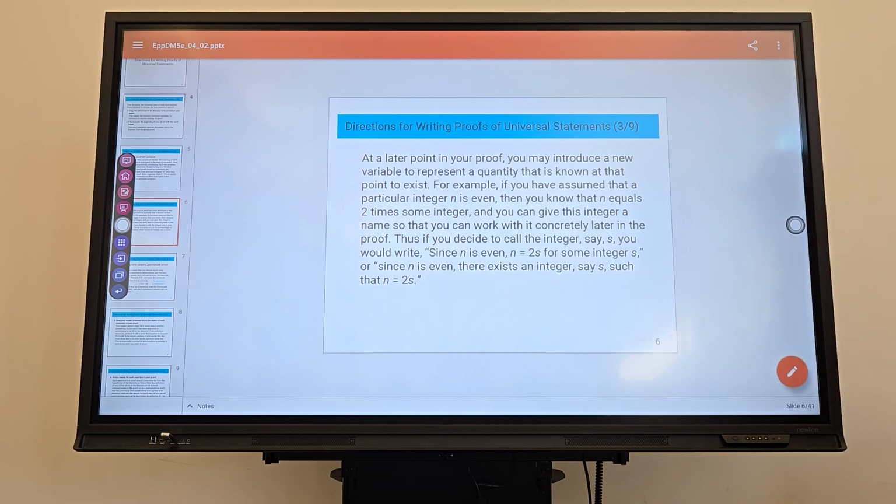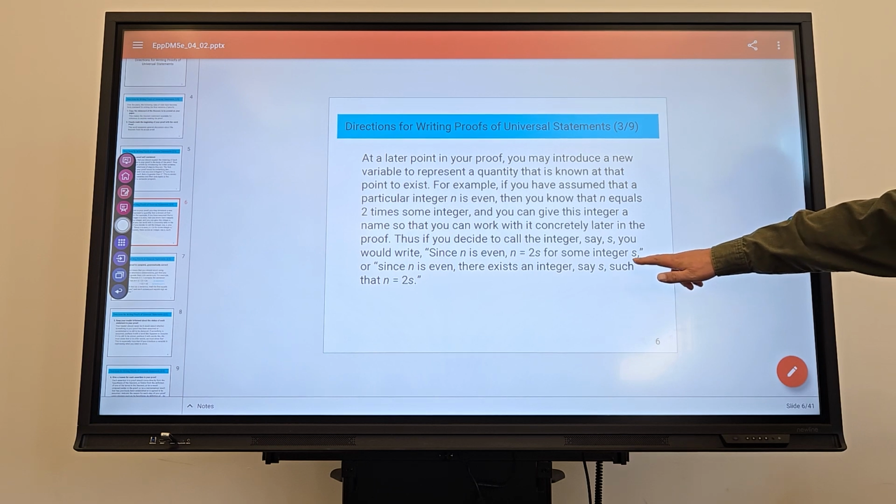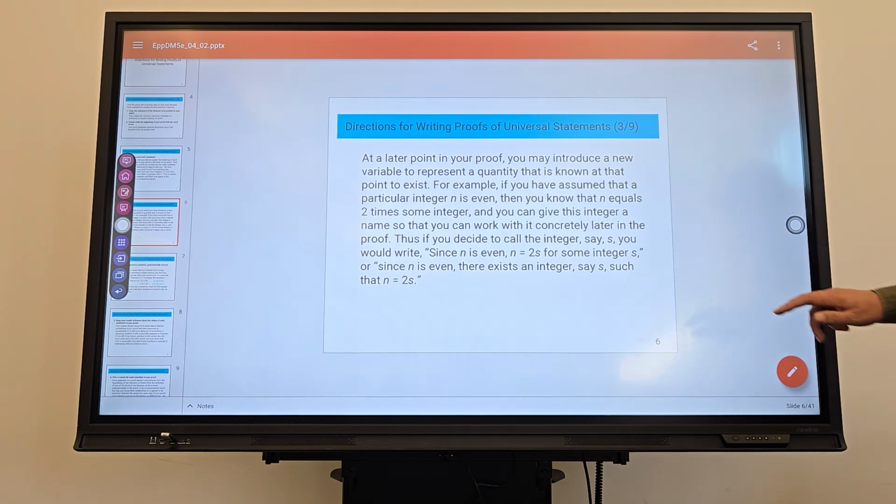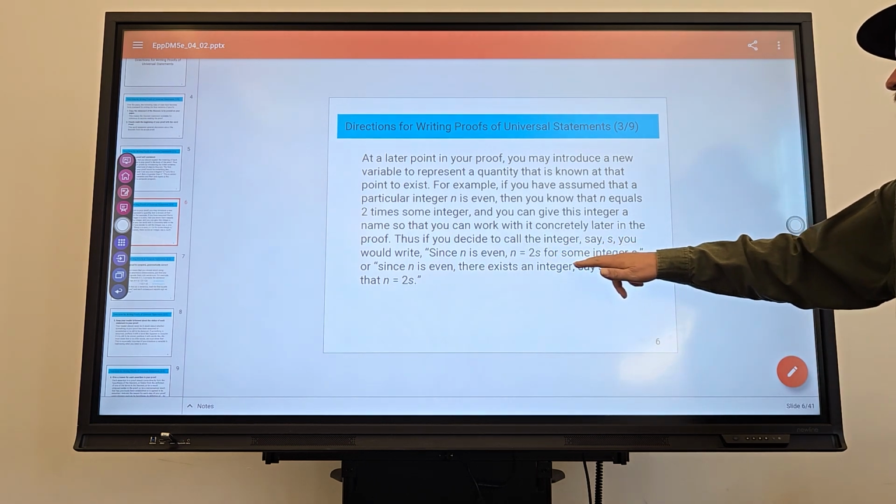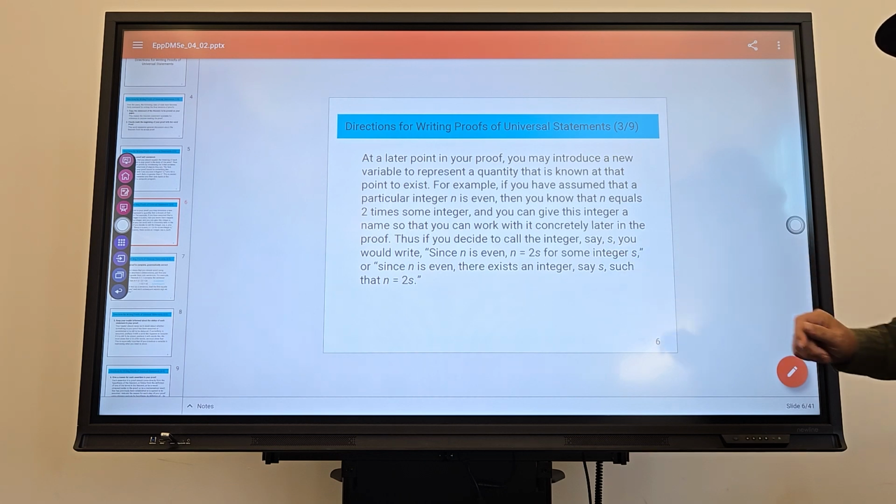So n equals 2s, for some integer s, and you can use s later on. And you know that it is an integer. So you're declaring it by using it and stating what can be contained in s.